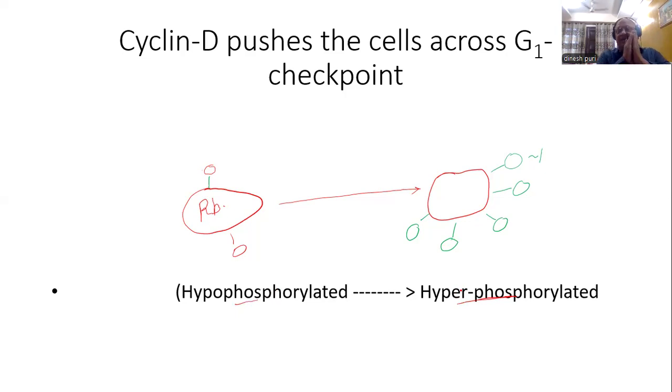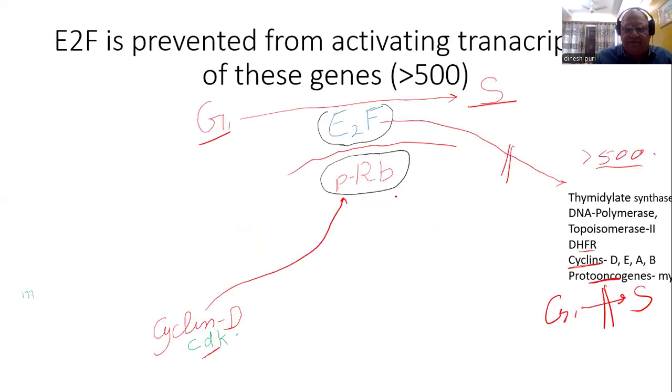It causes extensive phosphorylation of the retinoblastoma protein. Now an important statement: the phosphorylated pRB is unable to bind the E2F. So how did it do this? Cyclin D hyperphosphorylated pRB so that it gets dissociated. The rest we have already done.